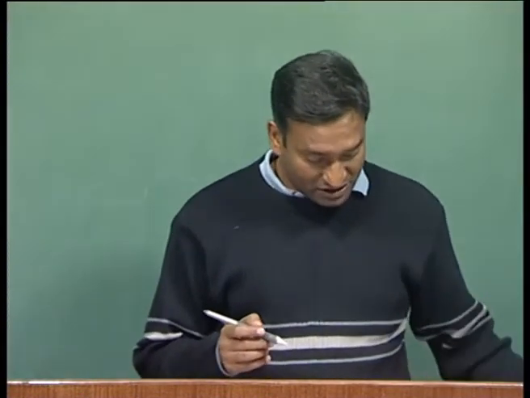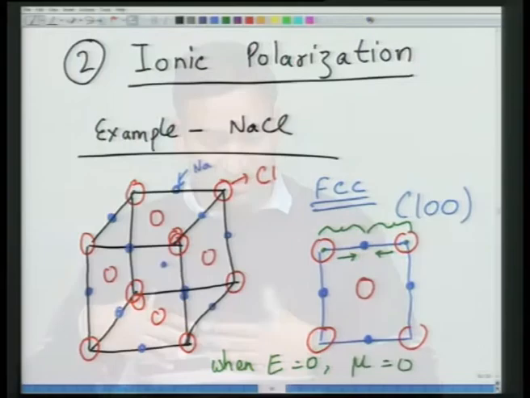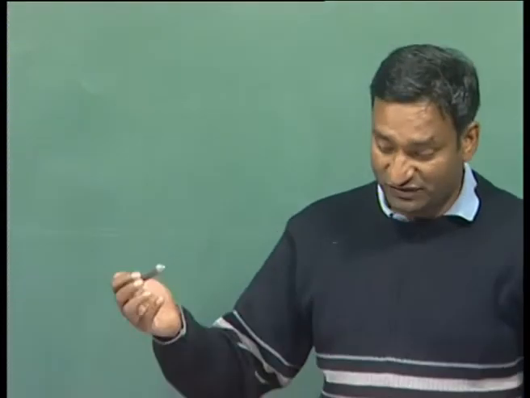Next we move on to ionic polarization. Here the scale gets a little bigger. In the previous case we were talking about electrons and nuclei, here we are talking about displacement of ions with respect to each other. So it gets a little heavier, as you can see, in terms of mass, because now we are talking about short range migration of ions with respect to each other.